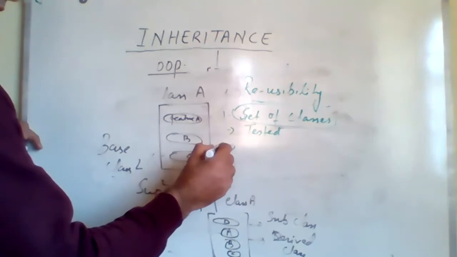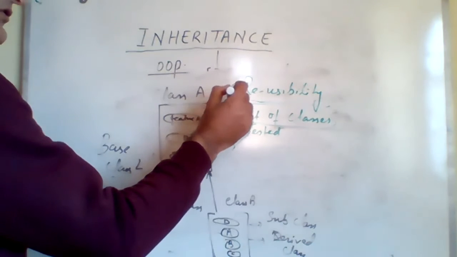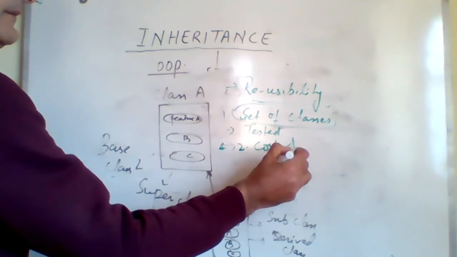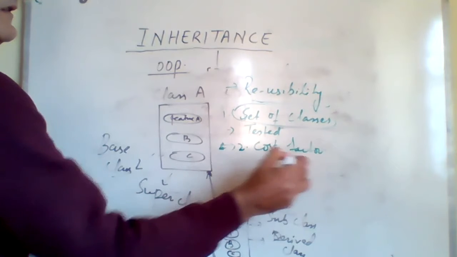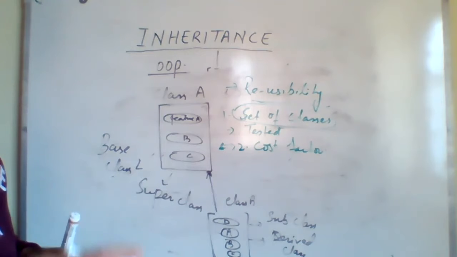What is the advantage of doing this? First advantage is reusability. Second is cost factor. Why cost factor? Because it will take time and cost to write the classes again.